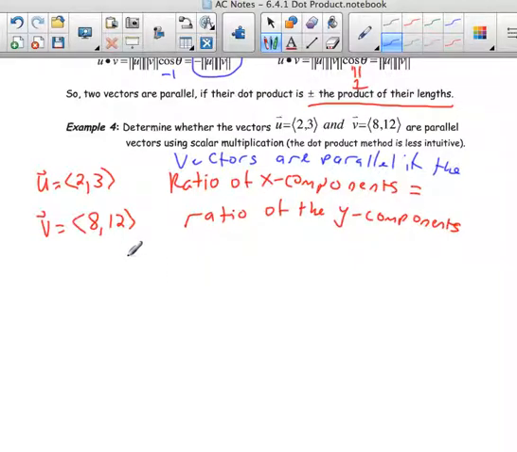So let's set that up. The ratio of the x components for this set of vectors is 2 over 8. So this is the ratio of x components. Is that equal to the ratio of the y components? The ratio of the y components is going to be 3 over 12.